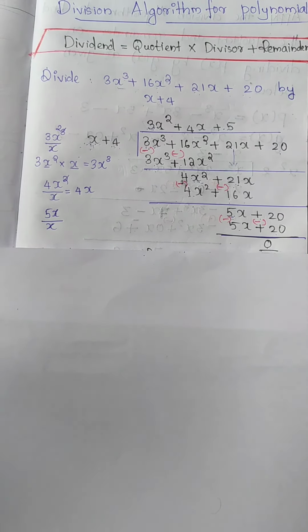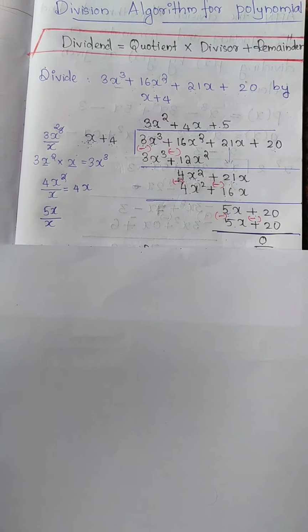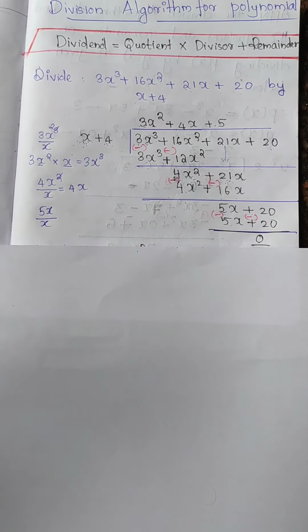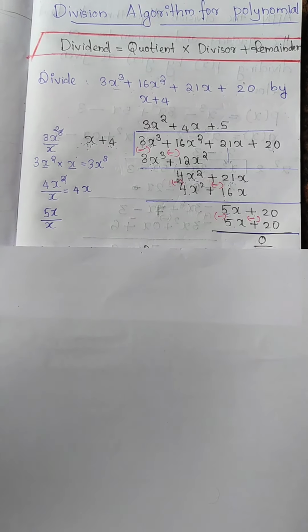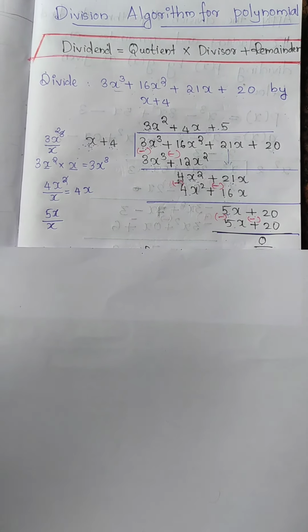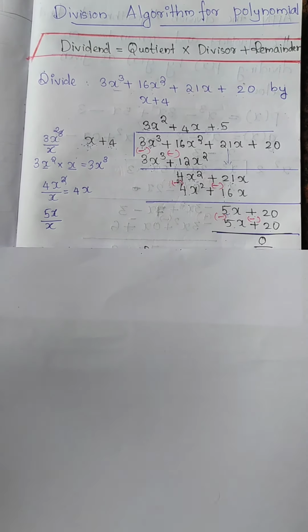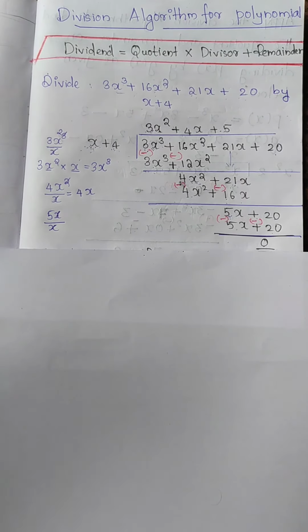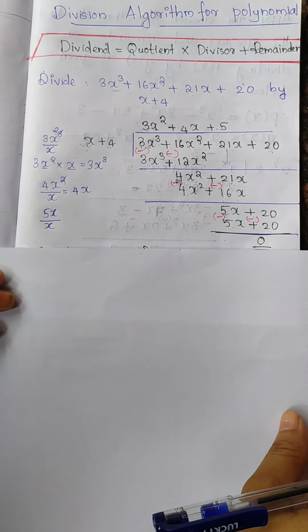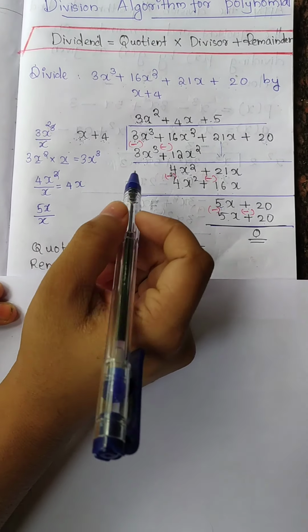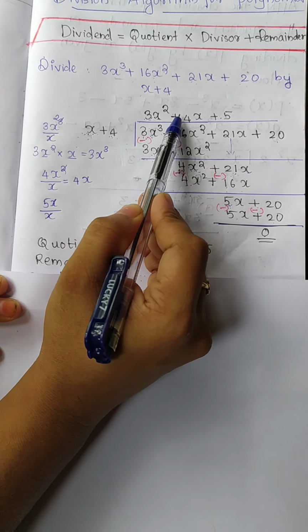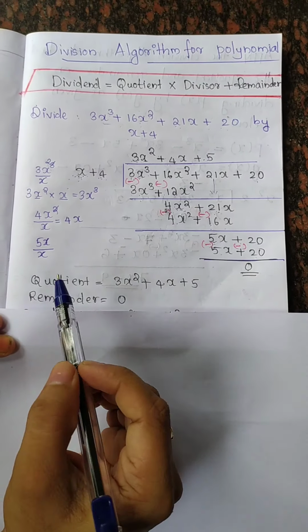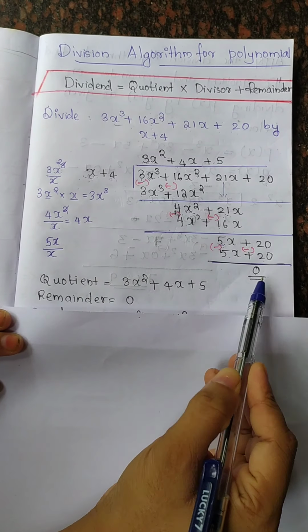So in the division algorithm, there are steps we have to follow and keep in mind. Dividend equals quotient into divisor plus remainder. Please have a look at these problems, and if you have any doubt, please comment in the comment box. What is the quotient here? Quotient is 3x square plus 4x plus 5. Then what is the remainder? Remainder equals 0.